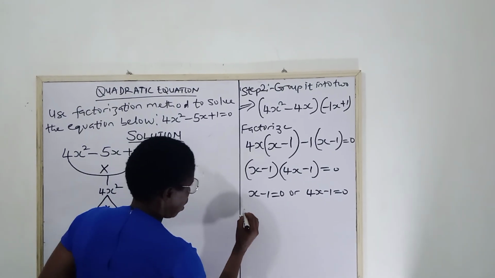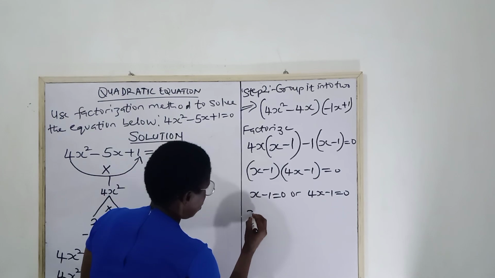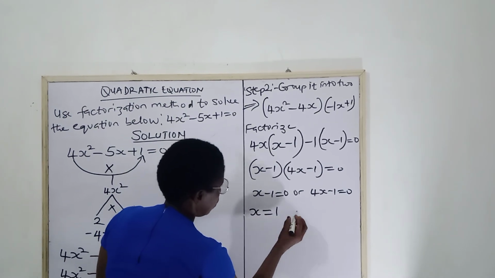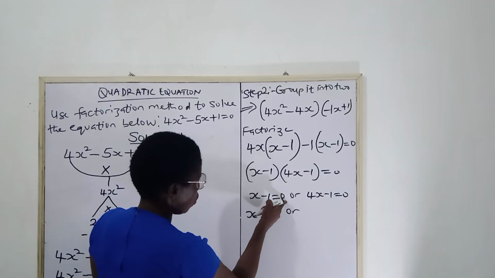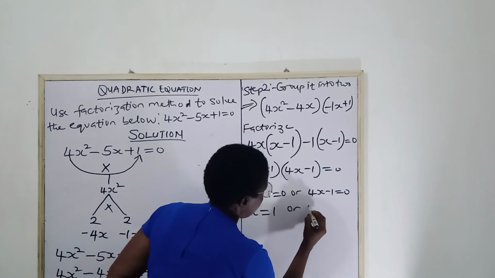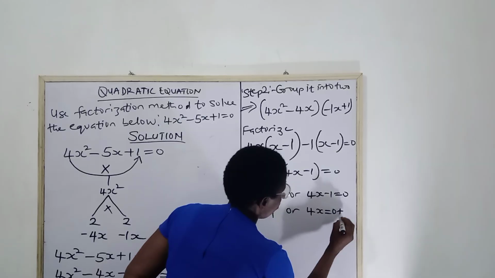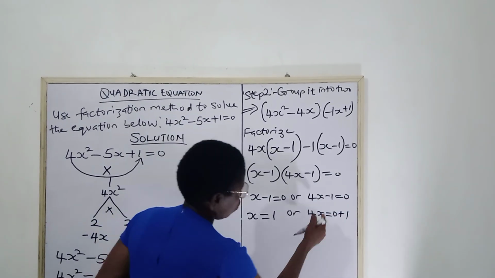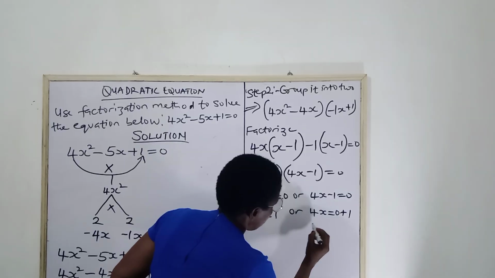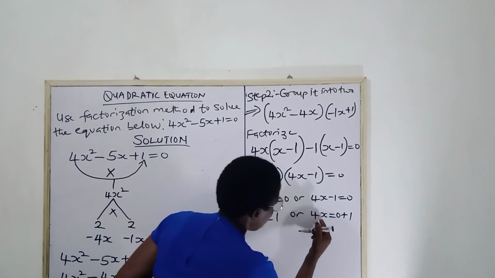Now for this one, we have x will be equal to 1, because when this one crosses the equal sign, it becomes plus. Or 4x will be equal to 0 plus 1, because when it crosses the equal sign, it becomes plus 1.